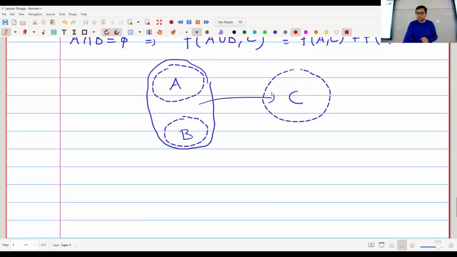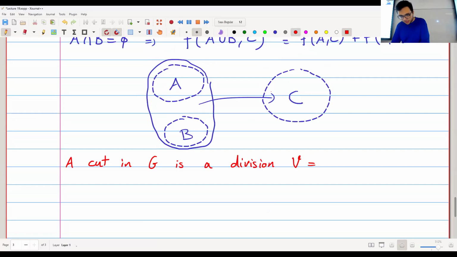Great. So based on this, I can now define the notion of a cut. So here's what I say. I say a cut in my graph G is basically a division of the vertices of G into two parts. So let's say I take my set of vertices and I divide them in two parts, A and B. And when I write it like this, I mean disjoint union.